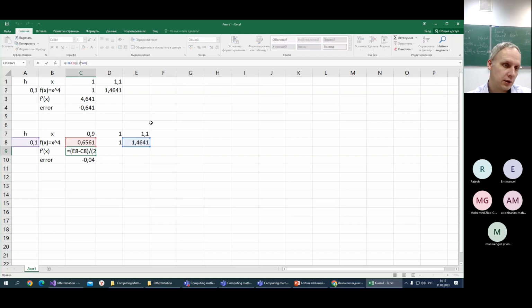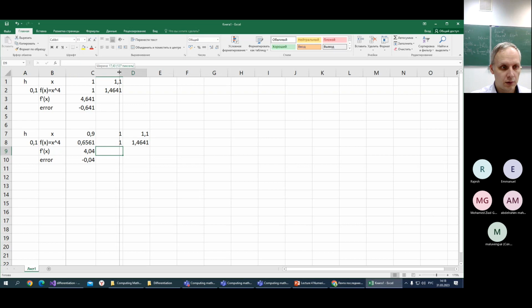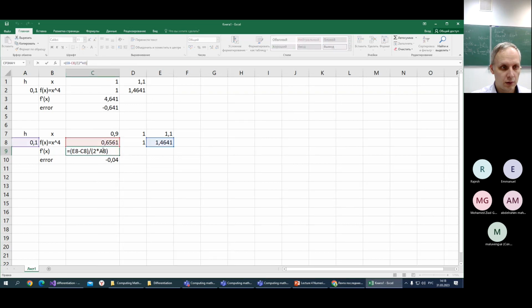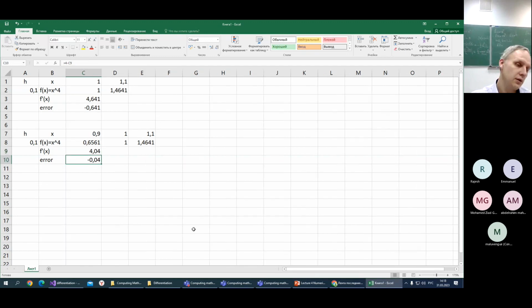And finally, I should apply this formula, f of x plus h minus f of x minus h over 2h. And we have this result. The difference is minus 0.04.